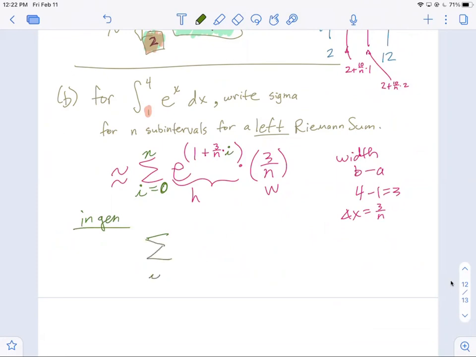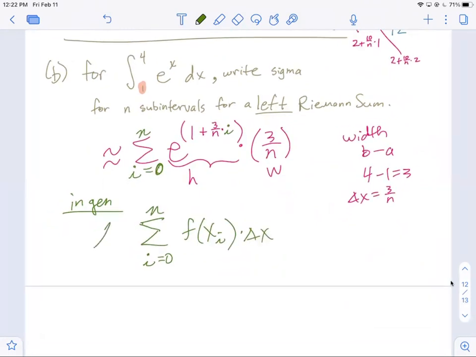If you take the sum from I equals, let's say, 0 to n of any function f of x sub I times any delta x, if you then take the limit out front as either n goes to infinity, which is the same thing as delta x goes to 0, it accomplishes the same thing, then that approximation no longer is an approximation for the definite integral. It becomes equal to the integral from a to b of f of x dx.